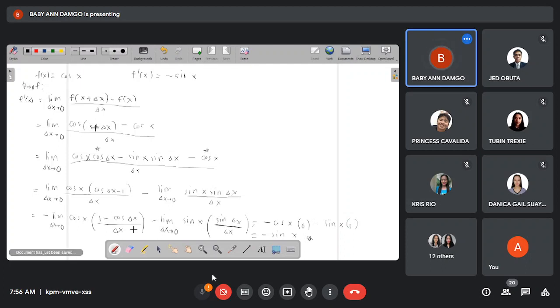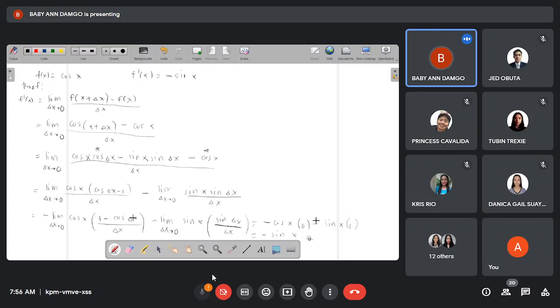So kani, murang siya limit of a product. So the limit of a product is the product of the limits. So this one, the limit of cosine x as the change of x approaches 0 is just cosine x. Okay, this is constant with respect to the change of x. In diri, this is just 0.